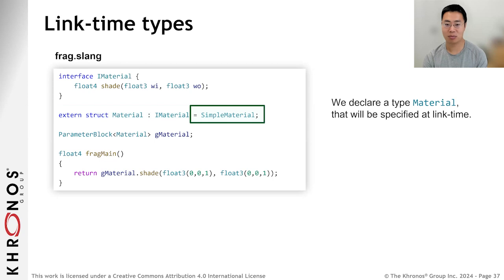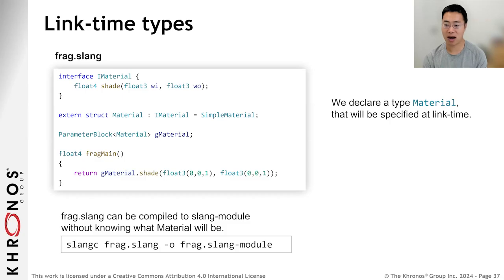The equals simple material clause is simply saying if there are not any other modules that define what material is, then it will default to be the simple material. And then the rest of the code just uses material as if it is a concrete type.